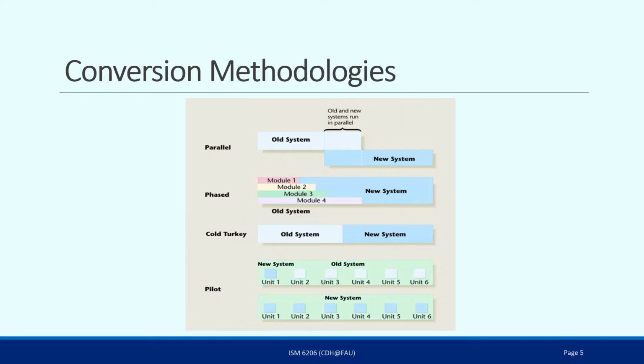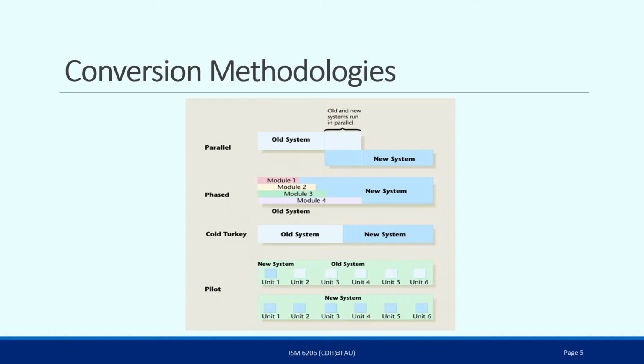Well, when we say old system versus new system, it doesn't mean old information system versus new information system. There are very few times that we're actually looking at a completely new operation, a completely new procedure, a completely new way of doing things. I've been doing accounting forever. We need to produce accounting reports. We need to be able to file taxes, so we have to record everything and perform accounting.